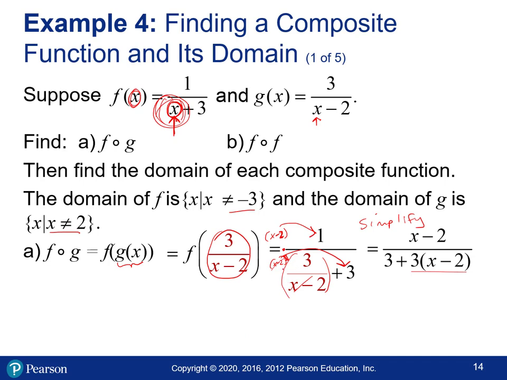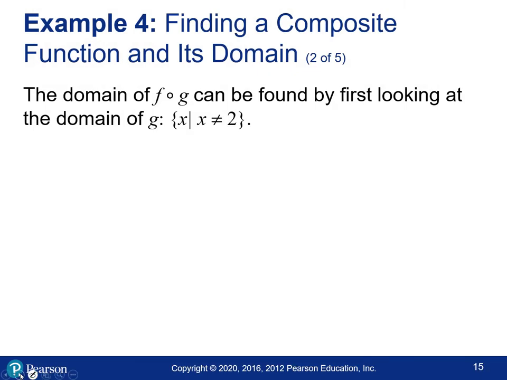Sorry for the scribbles, but the factor divided out on the first term, but it got distributed to the 3 on the next term. We multiplied on top and bottom because anytime you multiply by something over itself, it's really multiplying by the number 1. If you simplify that, just distribute, that's going to be 3x minus 6. So we have 3x minus 3 on bottom, x minus 2 on top. If you want to, you can factor that as 3 times x minus 1.